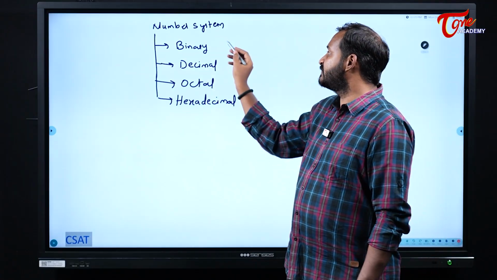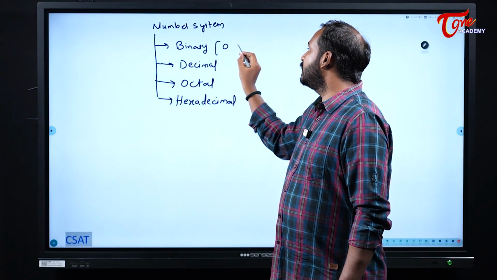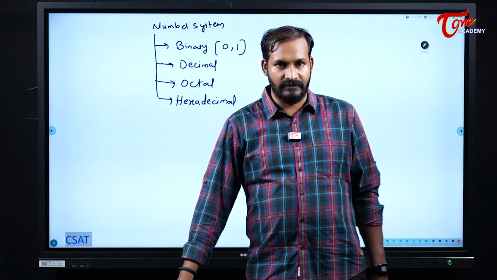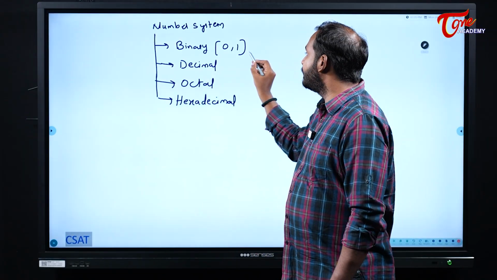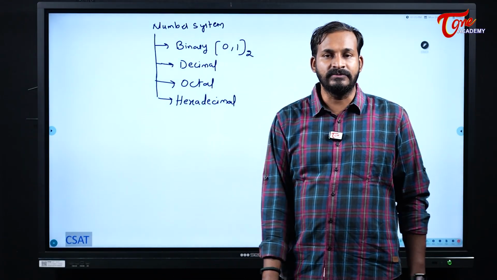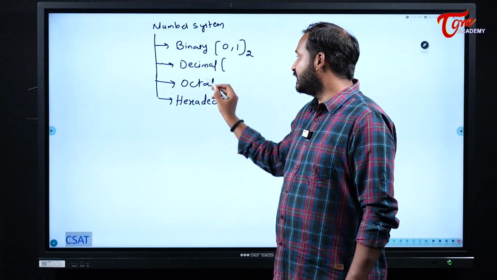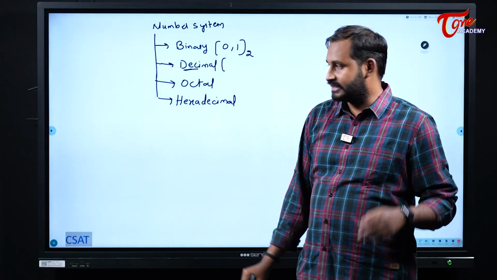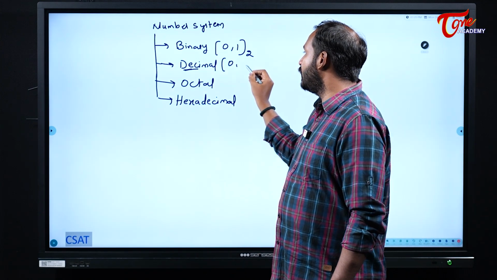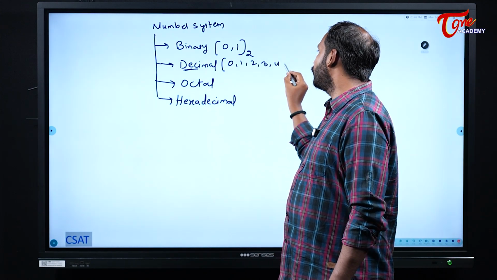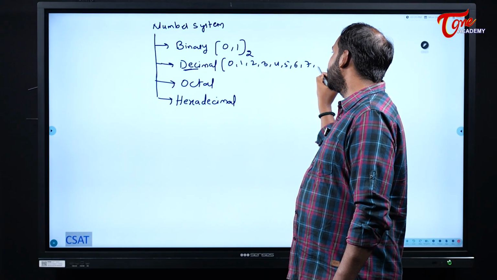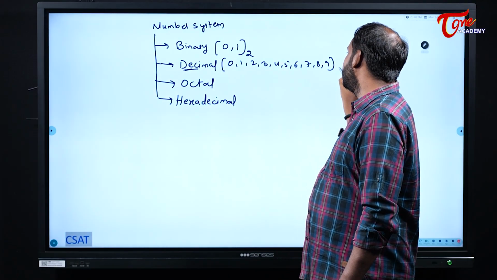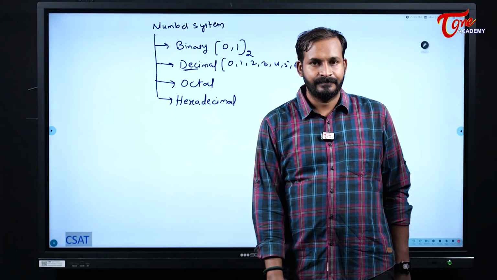When it comes to the binary system, we have only 2 digits, 0 and 1, and it is indicated with a base of 2. But the decimal system has 10 digits. By seeing the word deci itself, we can say that it contains 10 digits: 0, 1, 2, 3, 4, 5, 6, 7, 8 and 9, and it is indicated with a base 10.